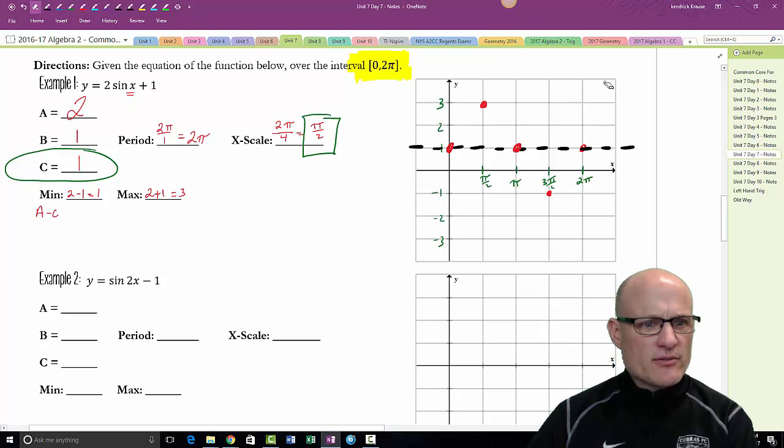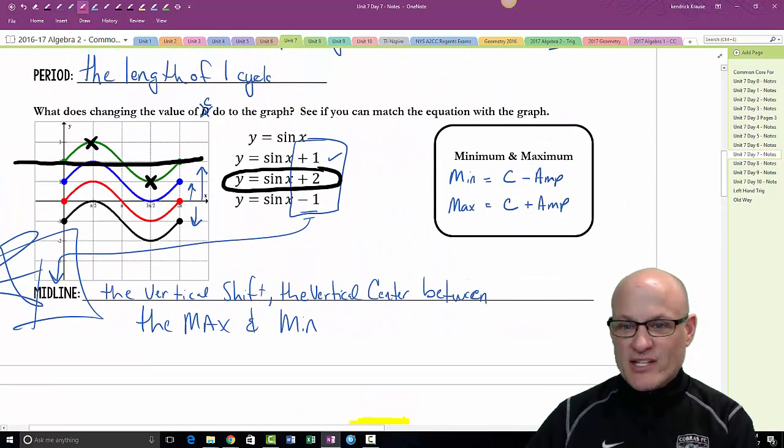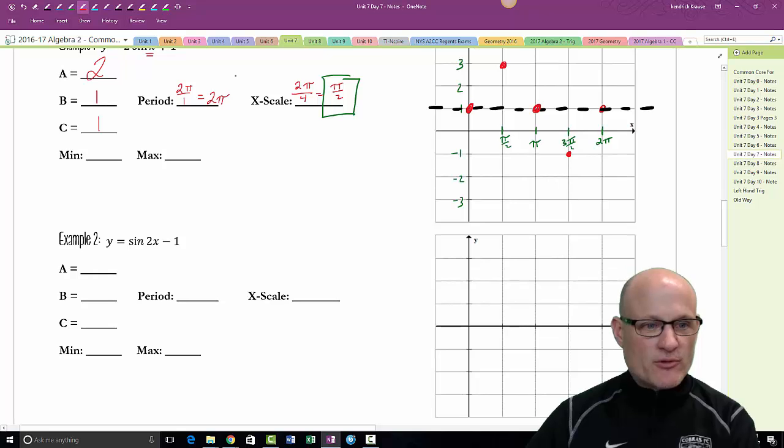I apologize profusely. I screwed this up. Minimum, if you go back to what I said a few minutes ago, minimum is C minus the amplitude. I got that all backwards.